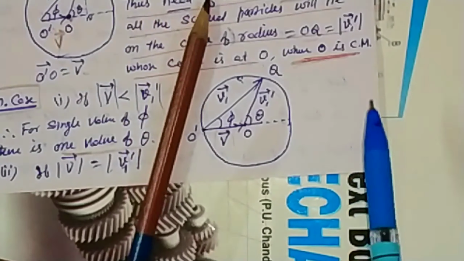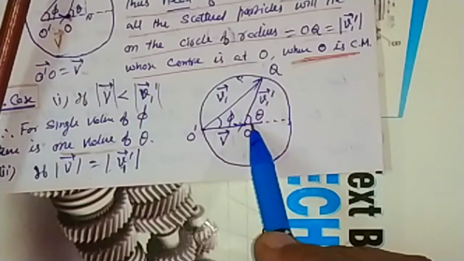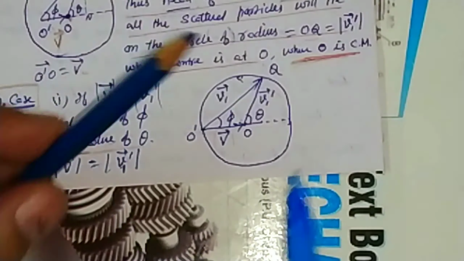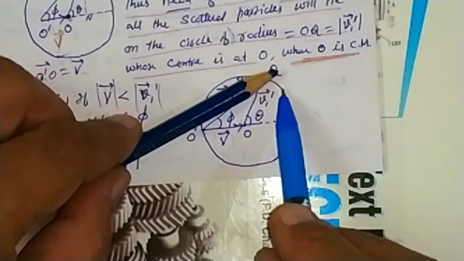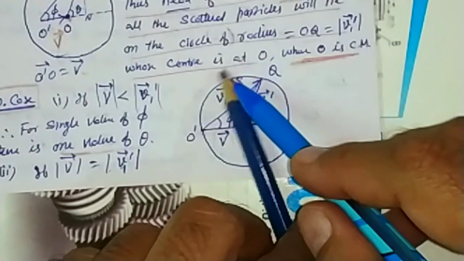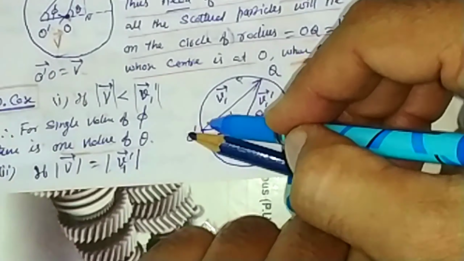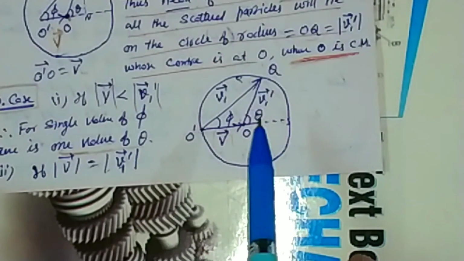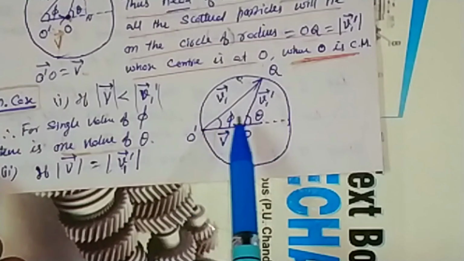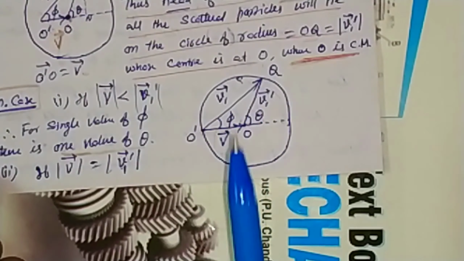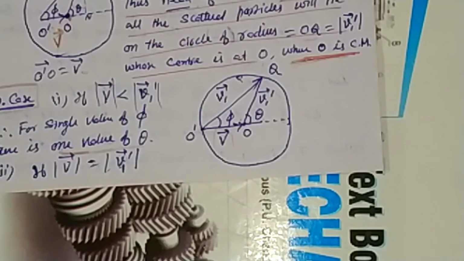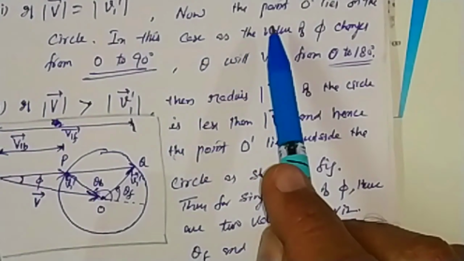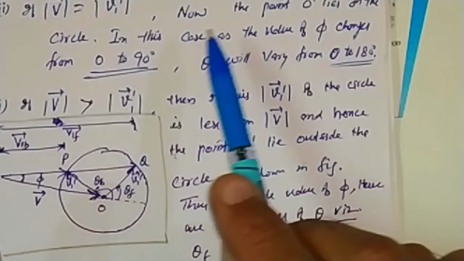But for the same case, theta can vary from 0 to 90 here, and when Q point reaches O dash, theta becomes 180. So theta can vary from 0 to 180, and phi can vary from 0 to 90 only. So this special case indicates that. So it is written, now the point O dash lies on the circle.